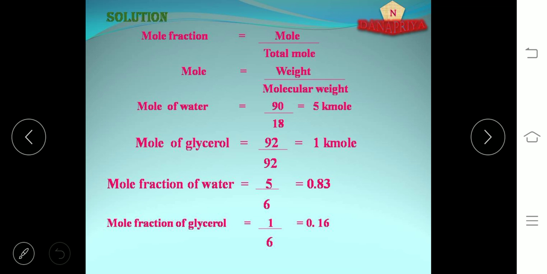By calculating, we found the answer, that is 0.83. Then for finding mole fraction of glycerol, the mole of glycerol is 1 divided by total mole 6. By calculating, we found the value is 0.16.